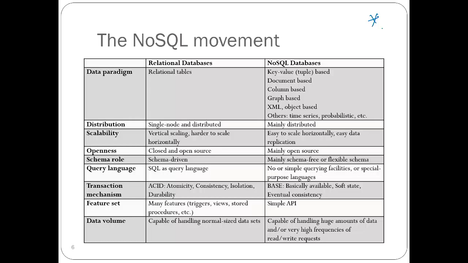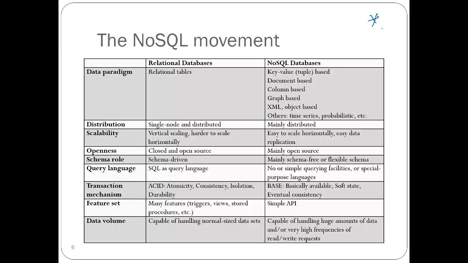So that is about scalability in relational databases. Whereas for NoSQL databases, it is very convenient to scale them horizontally. They are very efficient in terms of horizontal scaling.